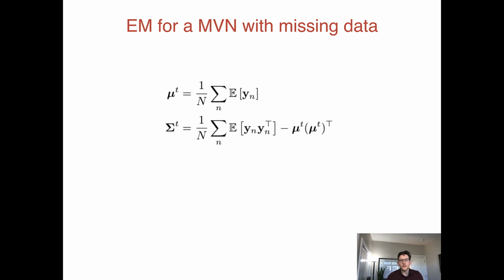We get the following updates for our M step. Once we've taken the derivative and set it to 0, these should look pretty familiar when we've seen the normal MLE update for a multivariate normal. It's defined like this. Again, these two are easy to define according to the m and v parameters we defined in the E step.